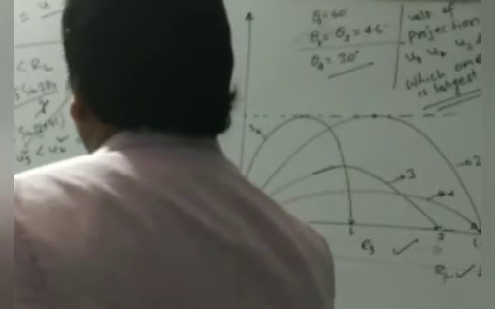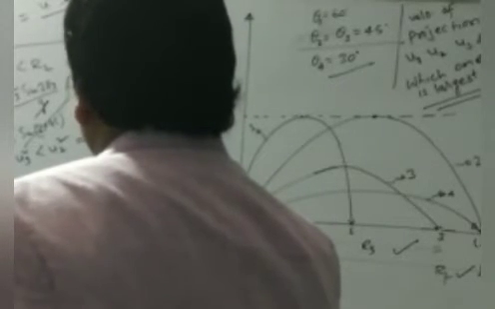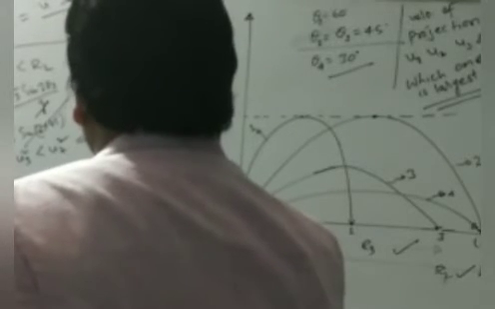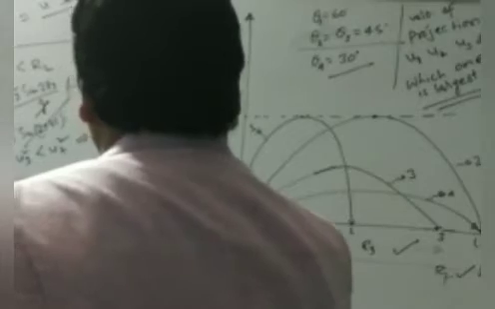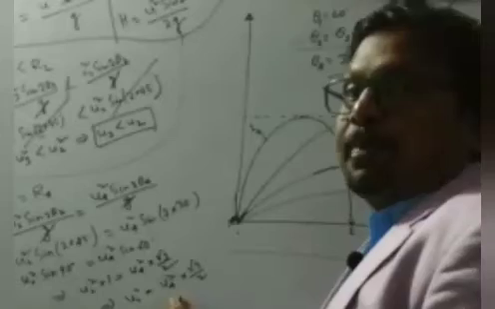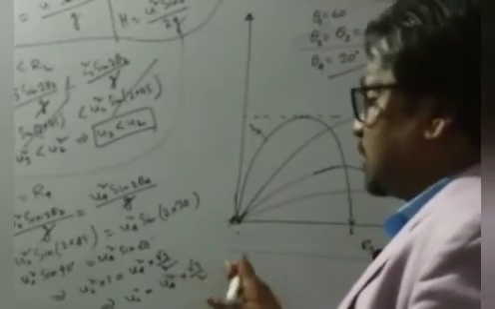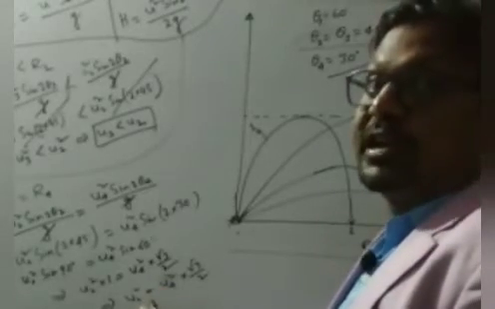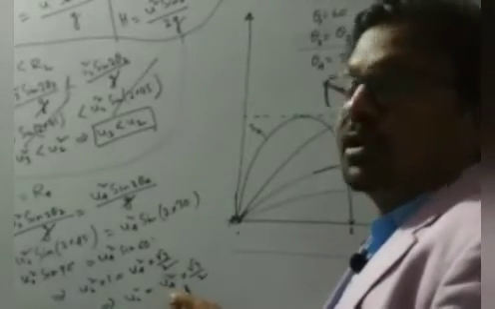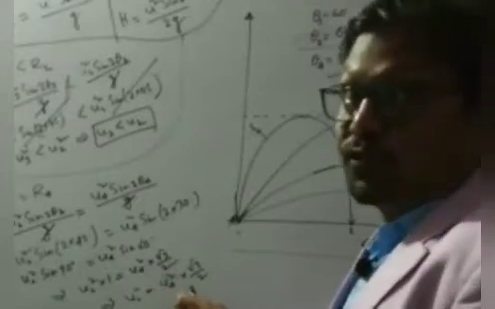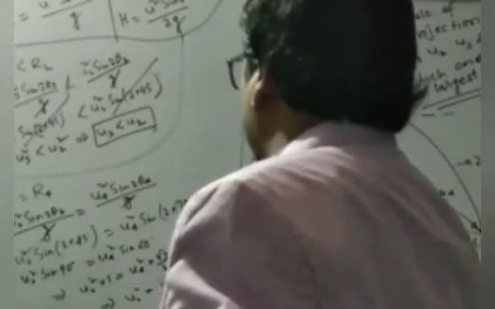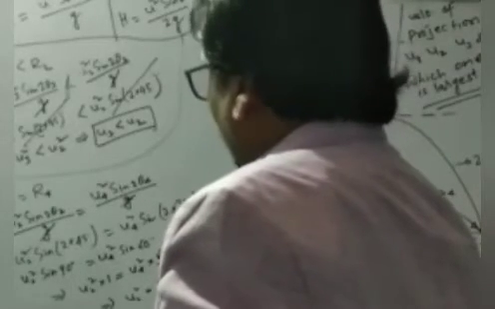That means u2 square is equal to u4 square root 3 by 2. So u2 square is greater than u4 square, and you can write from here that u2 is greater than u4.